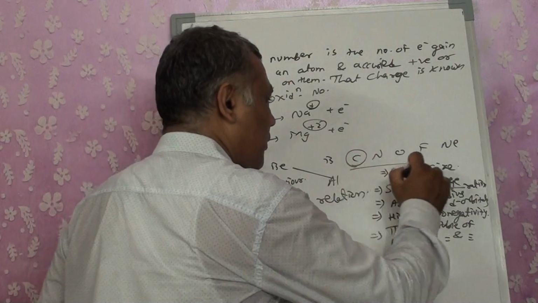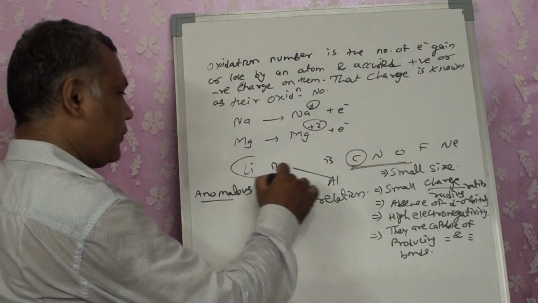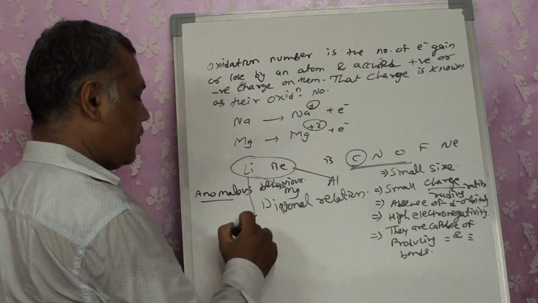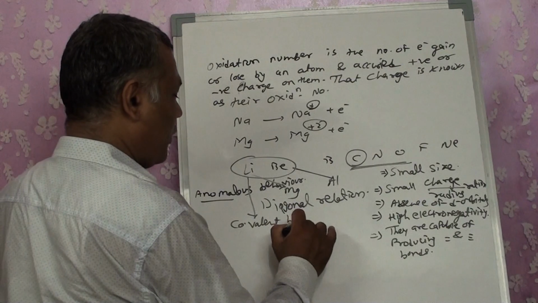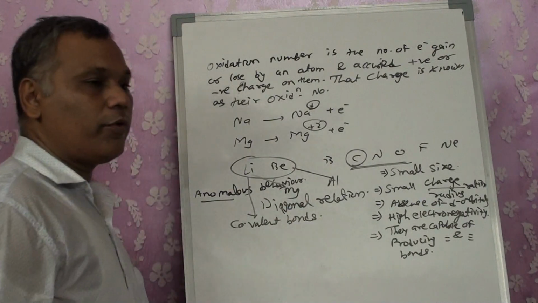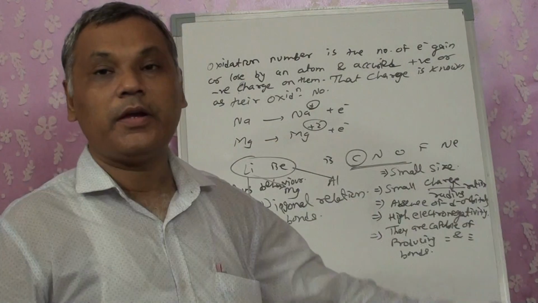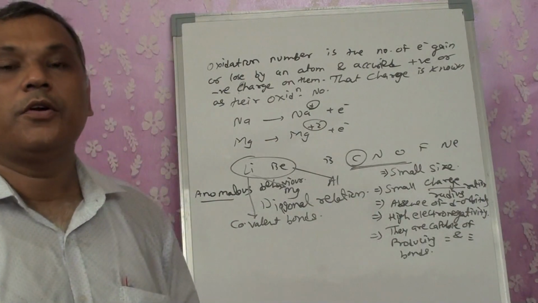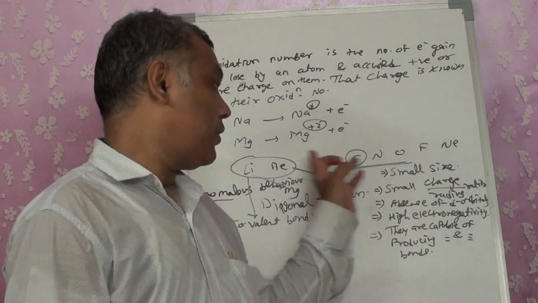Particularly we are talking about carbon, nitrogen, oxygen. They are capable of producing covalent bonds. Though they are metals, they are capable of producing covalent bonds, and that's the reason why they are having an anomalous behavior or diagonal relationship with the elements other than their own group.